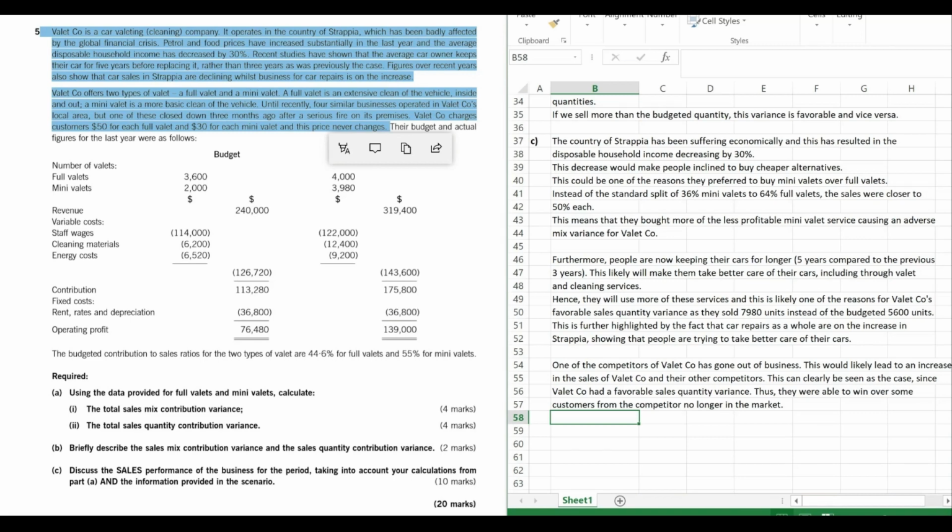So is it possible that they started pushing their mini valet services more in order to win over the customers from that competitor? So they saw that that competitor went out of business and they started promoting their mini valet services more. Why? Because one, the market is down anyway, but two, they want to win over the customers.